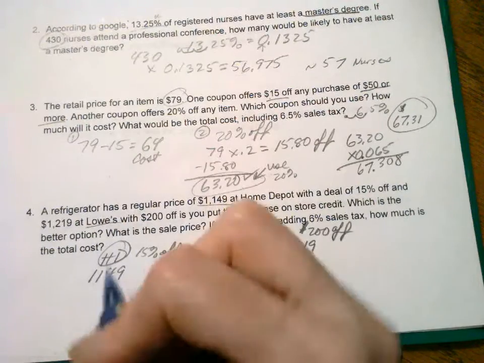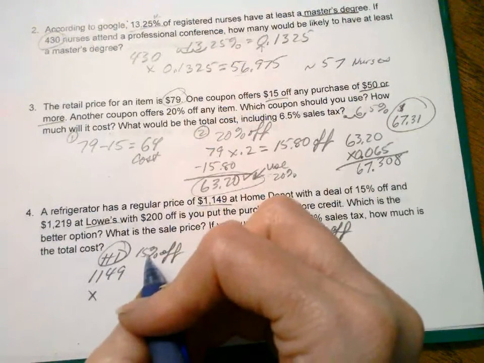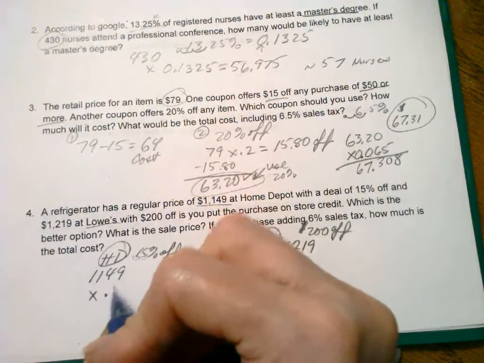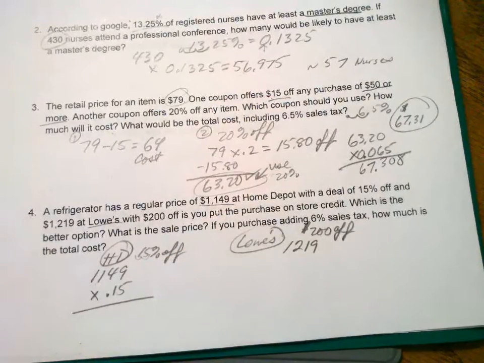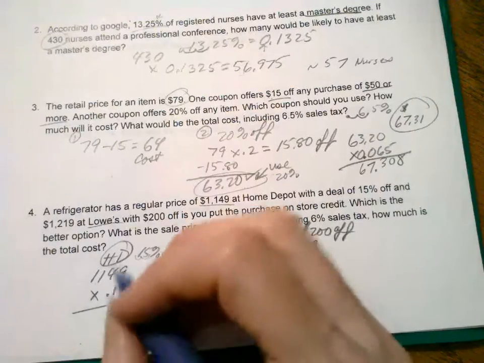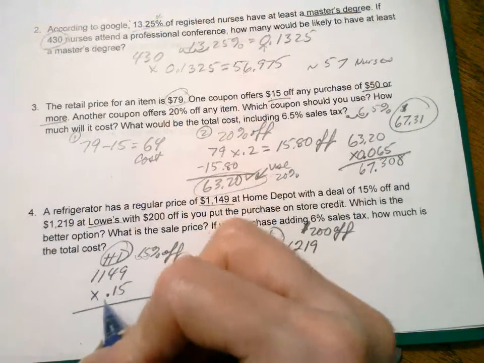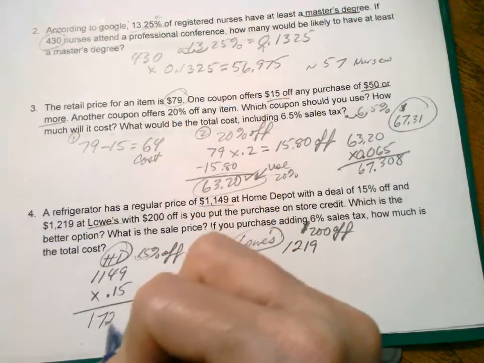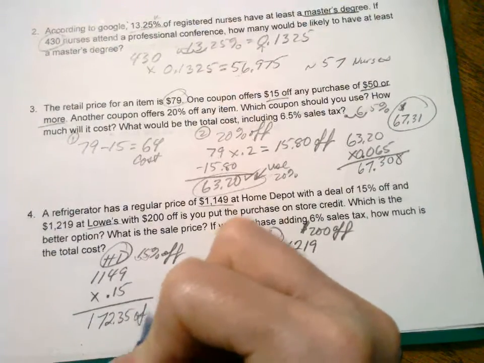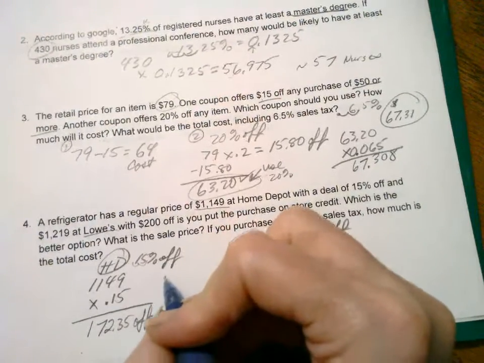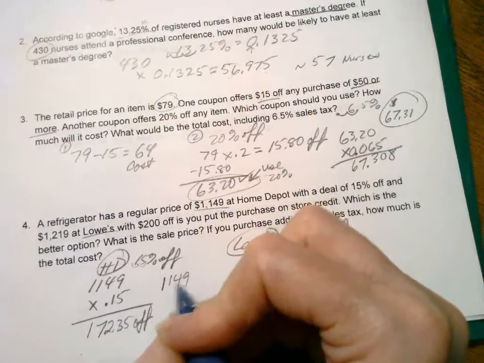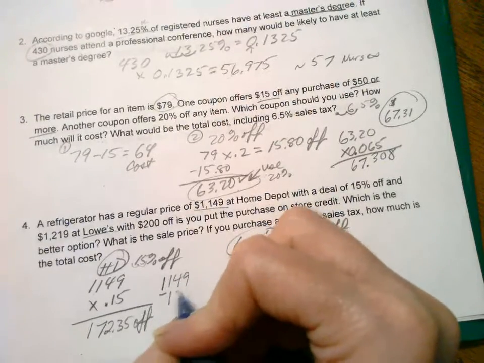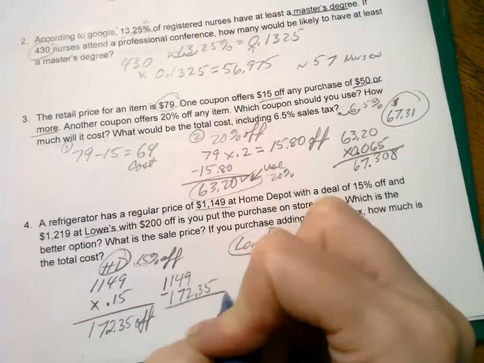Which is a better option? So times 15%, decimal 2 places this way, 0.15 of 149, oops, is 172.35 off. Don't forget that you're not getting that answer, you're getting how much off it is, which you then need to subtract.